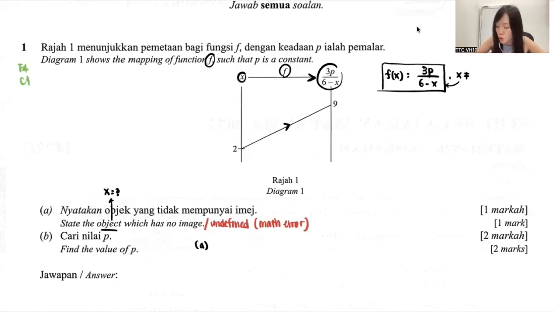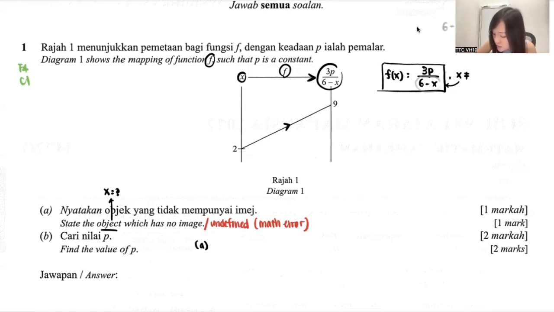The bottom can never be 0. You can try pressing the calculator, like 5 divided by 0, math error. 6 divided by 0, math error. That means if the denominator of your fraction becomes 0, there will be a math error. Therefore, the denominator always cannot be 0.